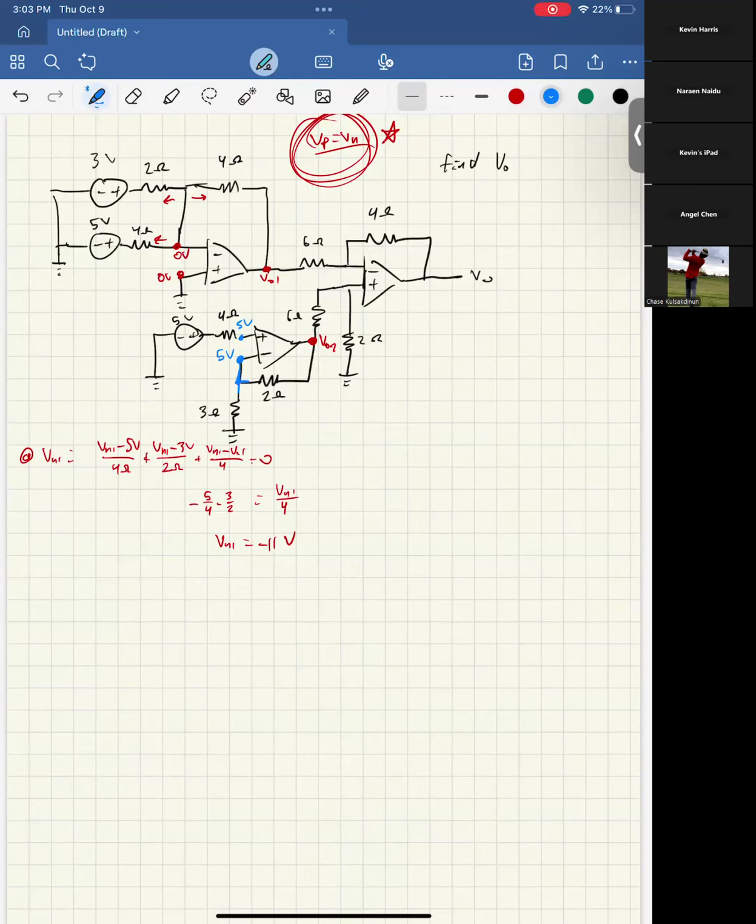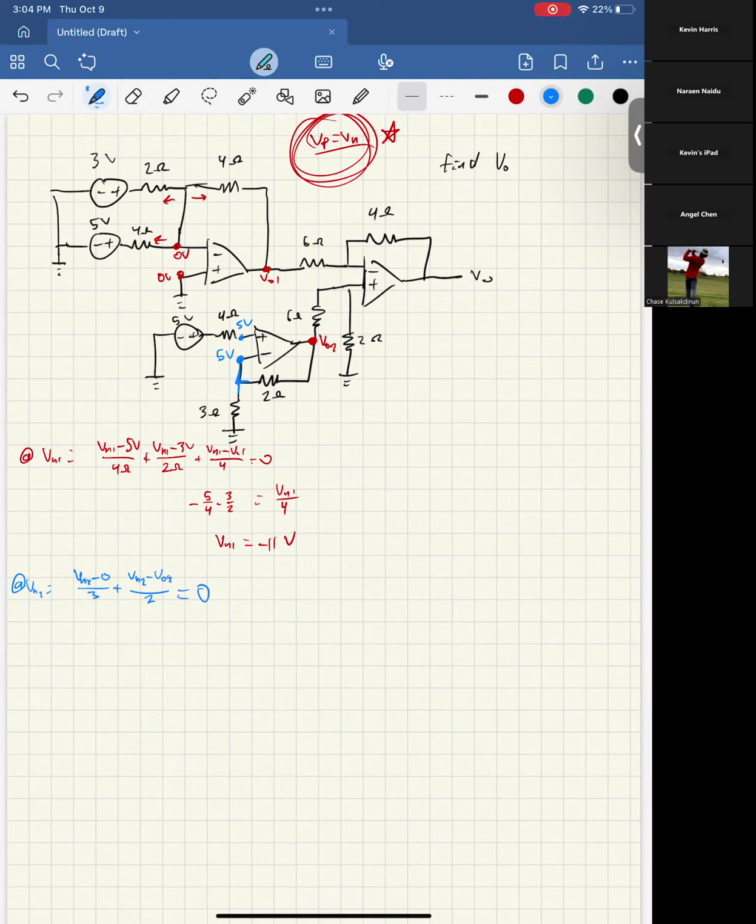So now, again, if we do a node at VN2, we're going to have VN2 minus 0 over 3 plus VN2 minus V out 2 over 2 equals 0.